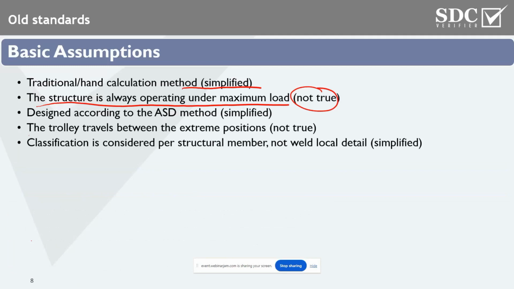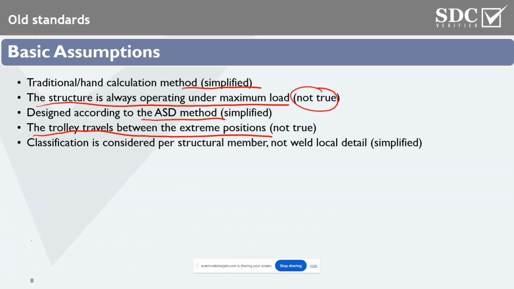All structures, well, most of them, were designed according to the ASD method, simply neglecting the individual influence of different loads. That provides a simplified load pattern. And when talking about the trolley, one of the main assumptions was that the trolley is traveling between the extreme positions, which is of course not true, especially for STS cranes, because it fairly depends on the size of the ships and the position of the crane.